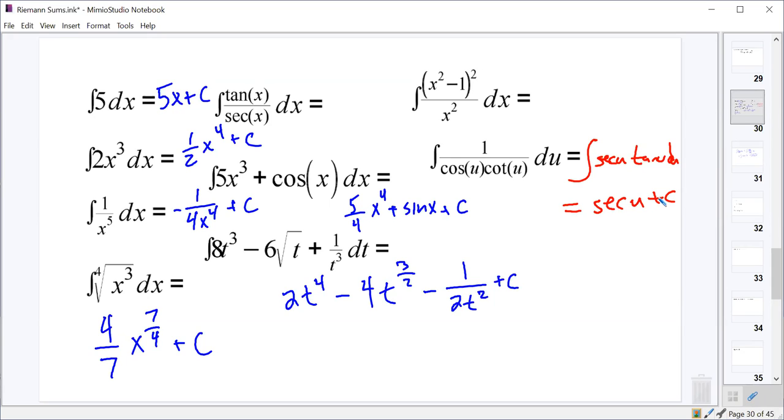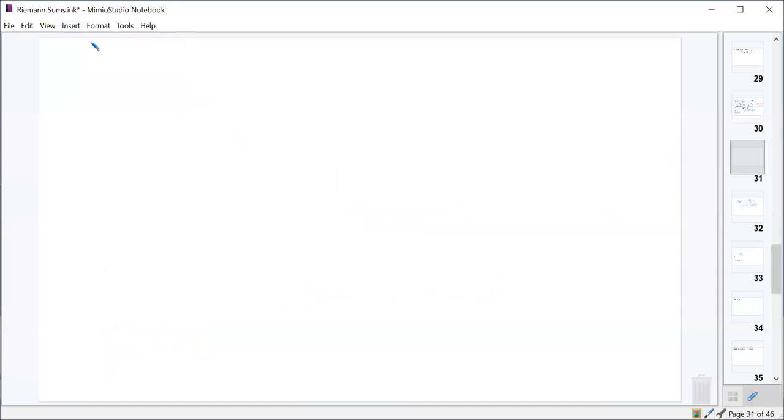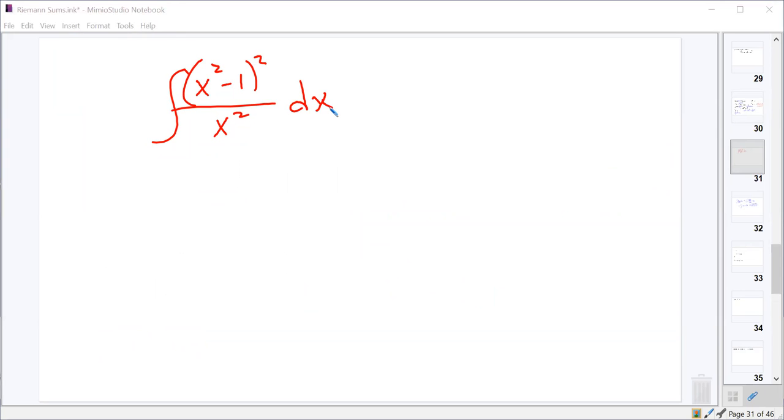And what about x squared minus 1 squared over x squared? How are we going to deal with that one? Okay, expand out the top. Alice, that's the right idea. Substitution is going to be a little bit of an issue with this one, Adrian.